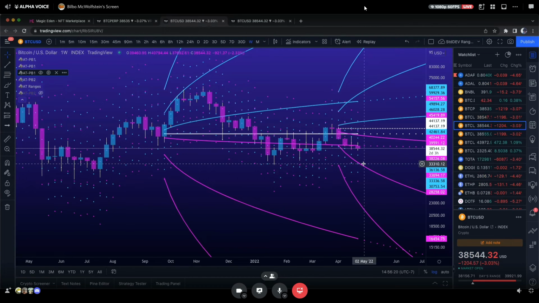The problem is this imbalance between all these longs and the shorts, man. To be continued. How's that? We got to see how this plays out a little bit more, right?